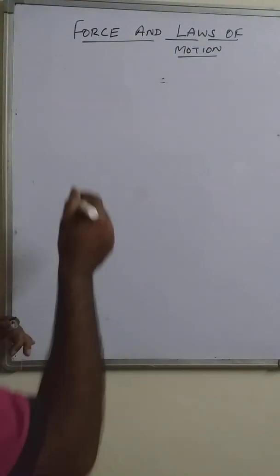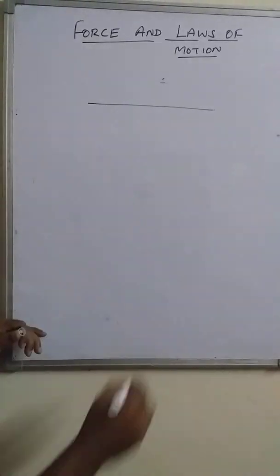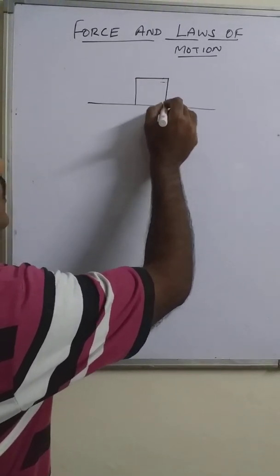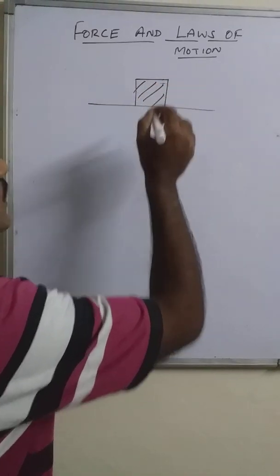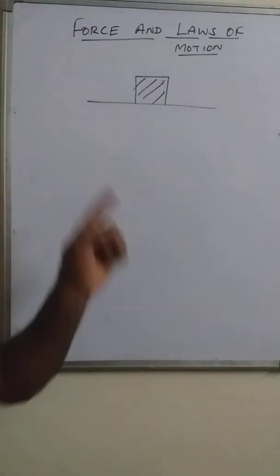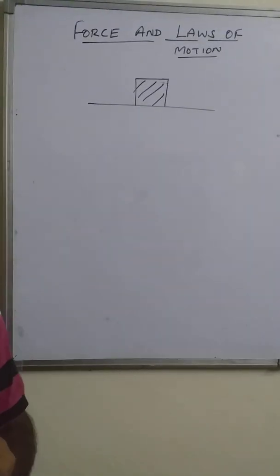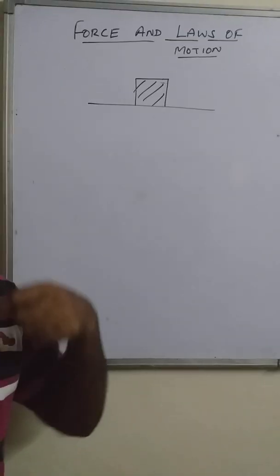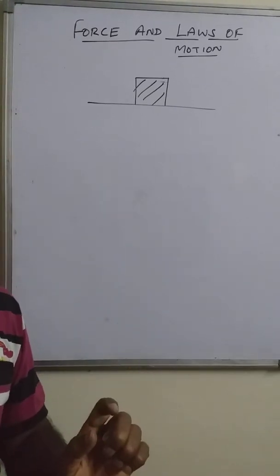Suppose this is the surface. On the surface, if any object is placed, to change its state, what is required? The external agent must apply something.